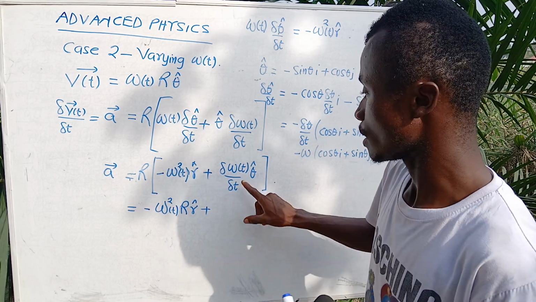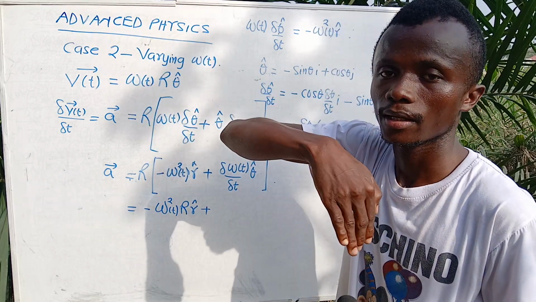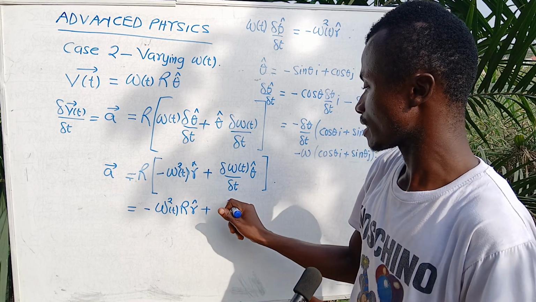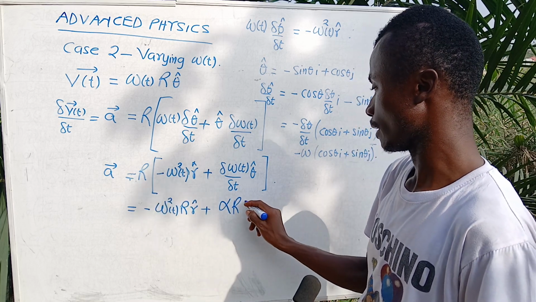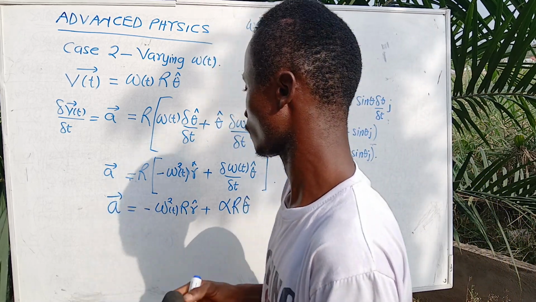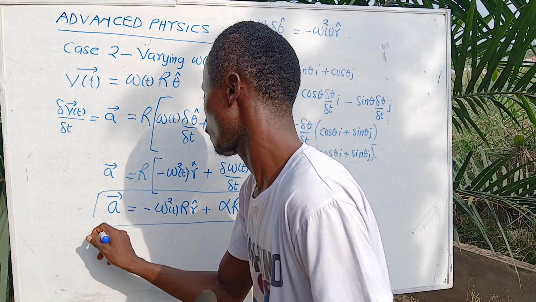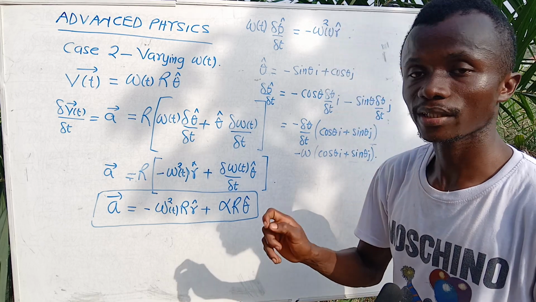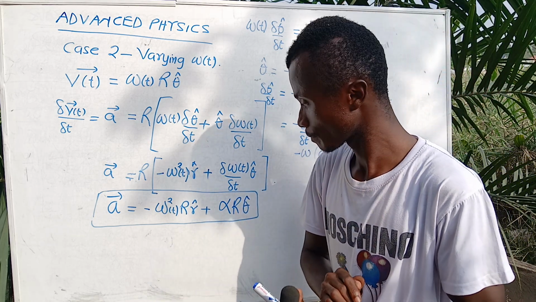So this time round, the angular velocity also changes with time, and we give it a name, angular acceleration. And we give it a symbol alpha. So alpha times r in the direction theta roof. And this is the dynamics when an object moves around a circle with a non-constant omega.